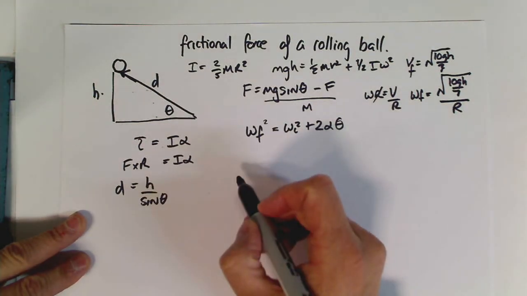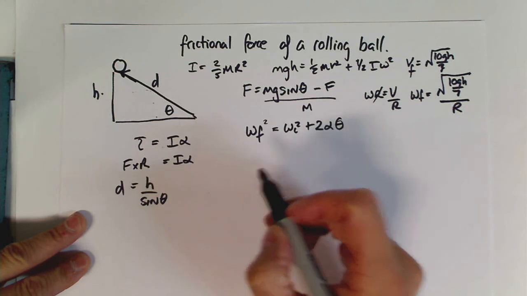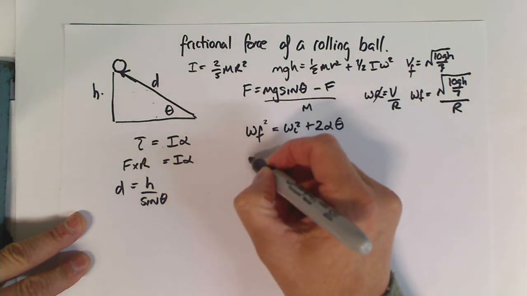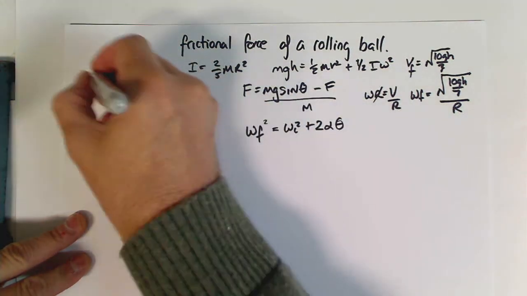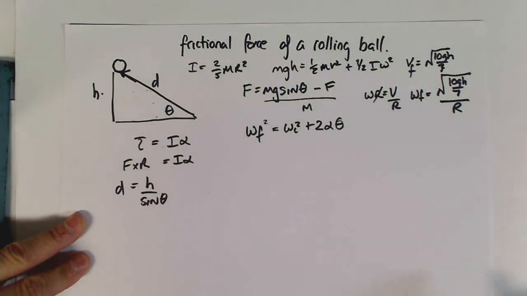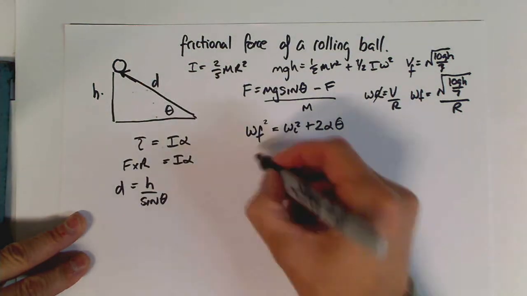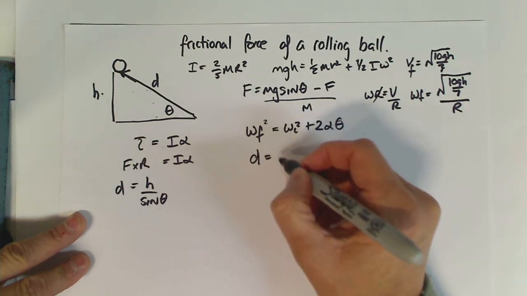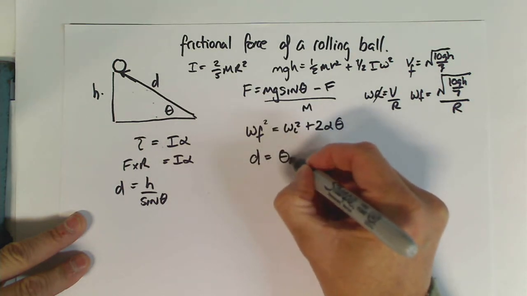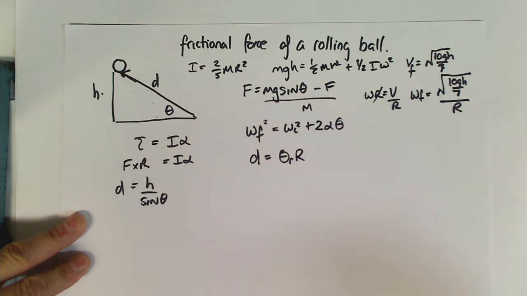And if I want the actual radians, remembering again that distance, this distance here, in terms of the number of revolutions that ball is going to make, this distance is equal to theta, or the number of radians, I'll put a little r, times big R, the radius.